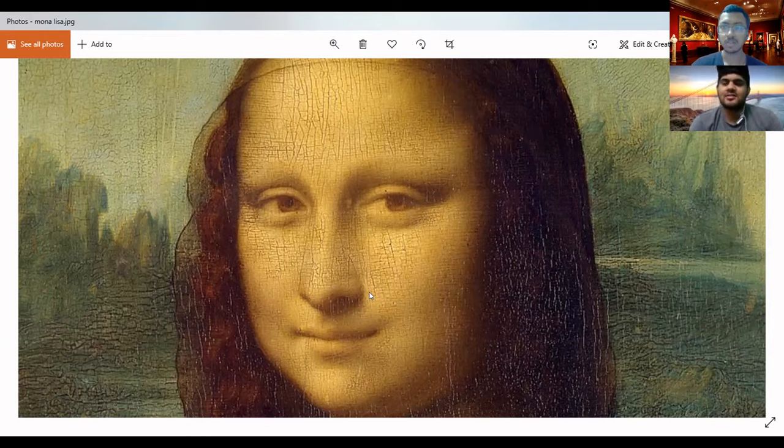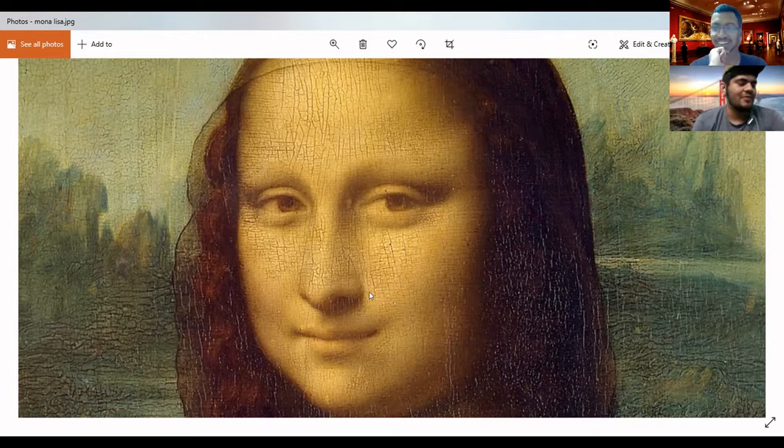It is national heritage. Many people have tried to steal this painting. In fact, it is the most attempted-to-be-stolen painting, right?